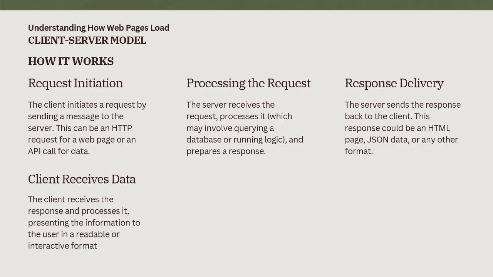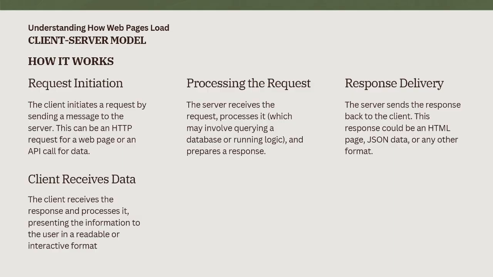After you've given your request, like say you've typed Google, the request is sent to the server, and then the server receives the request, processes it, and prepares a response. So you've typed Google, it goes into the server, it processes it, and then gives you a response.